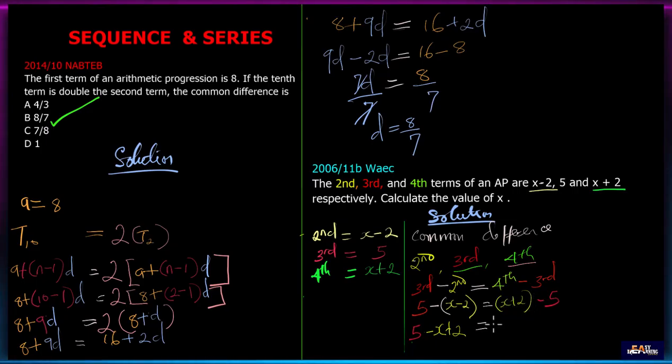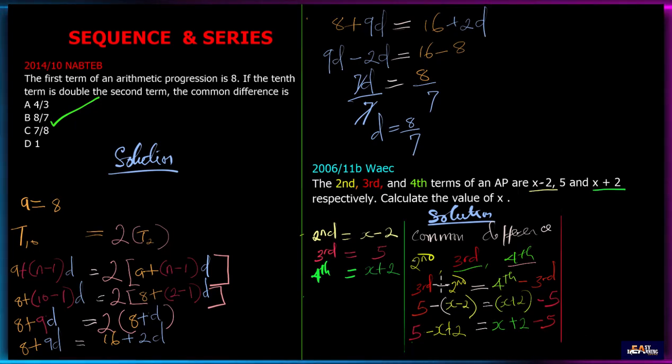We open up the other one at once: x minus 2, then minus 5. Now we're going to collect like terms.